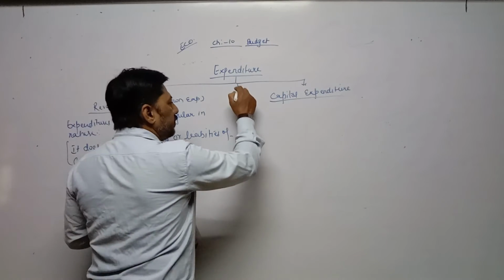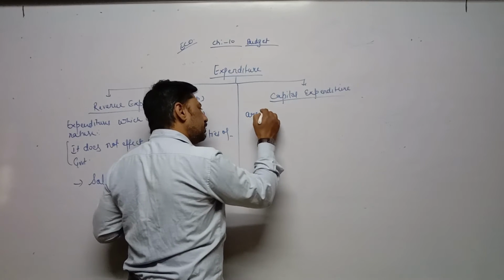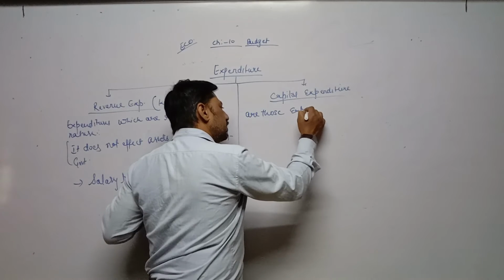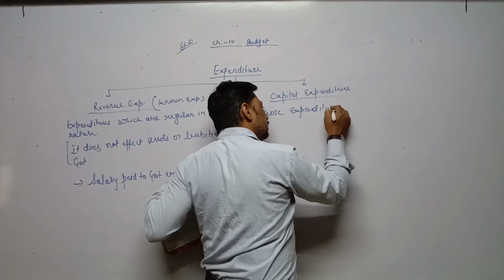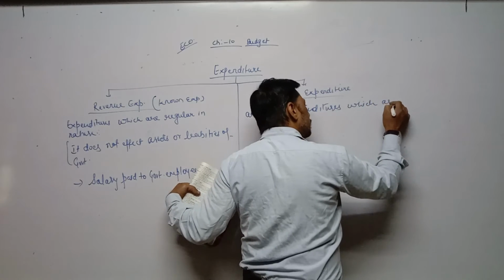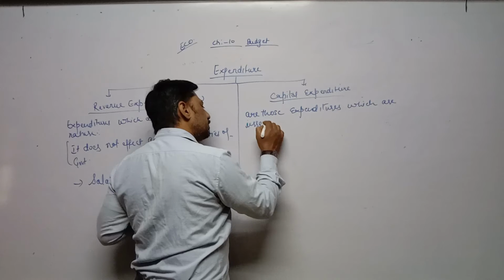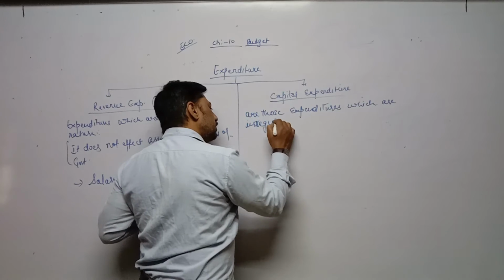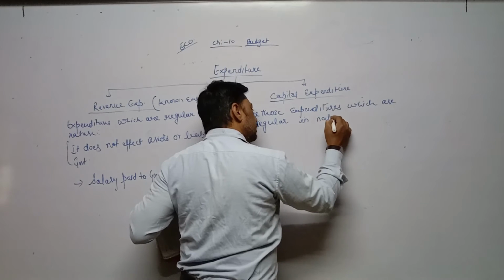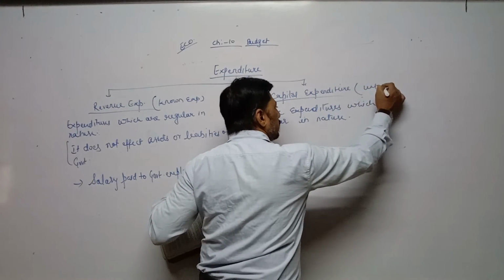On the other side, capital expenditures are those expenditures which are irregular in nature, meaning unknown expenditure.